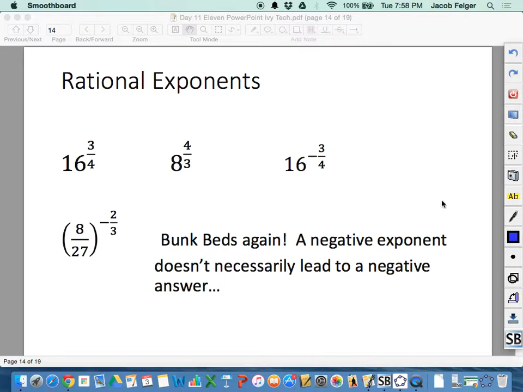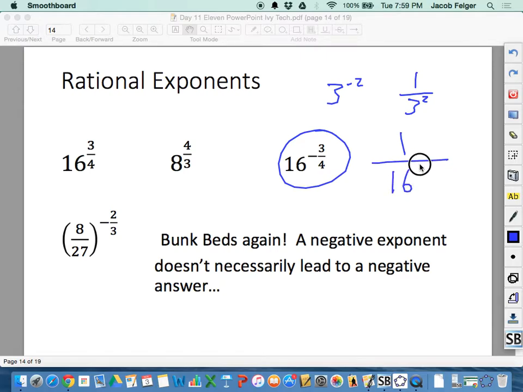Okay, now this one gets a little bit more complicated. And you guys might remember, if we have 3 to the negative 2, you've done this on the quiz already, what happens with the negative exponent? It just flips. Bunk bed story: it's not happy in the top bunk, so he goes to the bottom bunk, and it's 1 over 3 to the positive 2. So we're going to do exactly the same here. 1 over 16 to the positive 3/4 power.